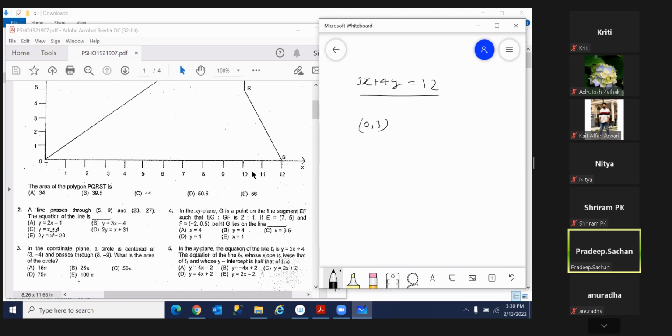So if I want to solve this question theoretically, I will get the slope first. Slope will be y2 minus y1, so 27 minus 9 divided by 23 minus 5. So it will become 18 by 18, which means slope will become 1. And my line equation will become y minus 9 is equal to 1 times x minus 5.